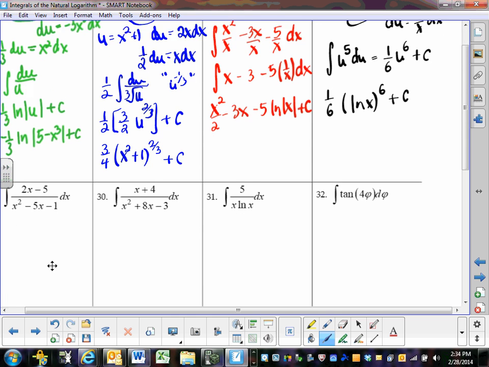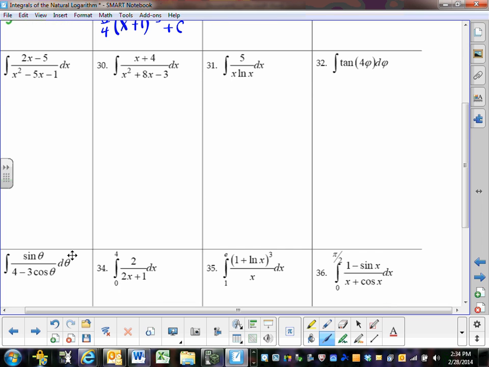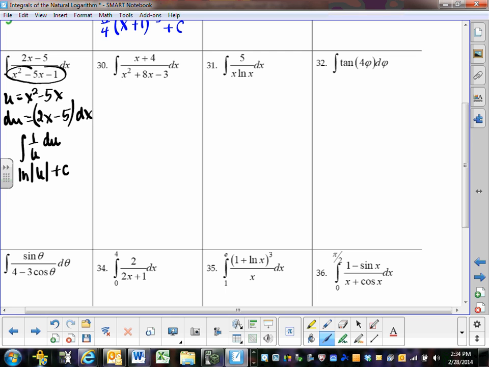So remember, that's really like having u to the negative 1/3. So we're going to use the power rule. So u becomes adding 1, dividing by 2/3 is the same as multiplying by 3/2 plus c. So we have 3/4 u to the 2/3 plus c.